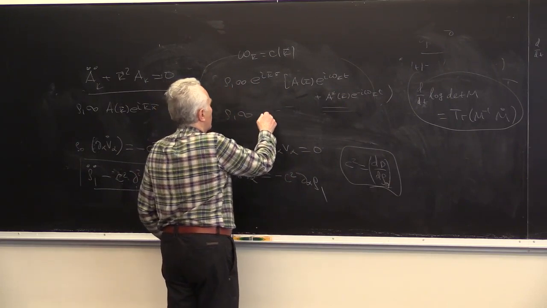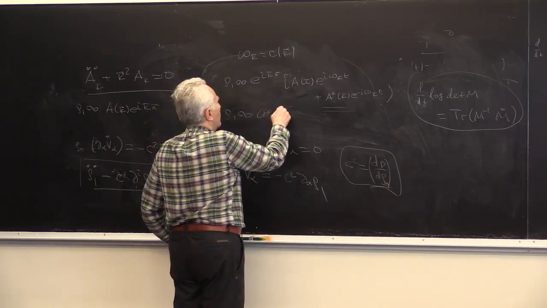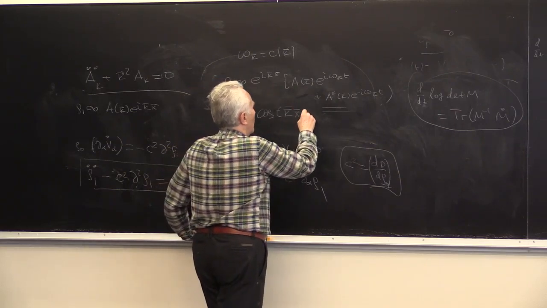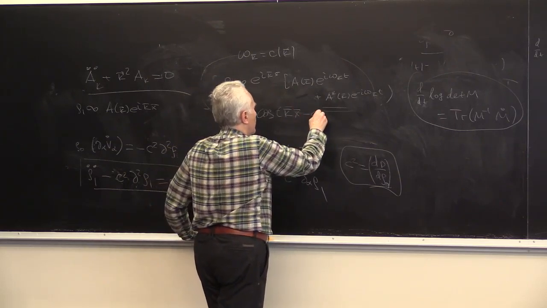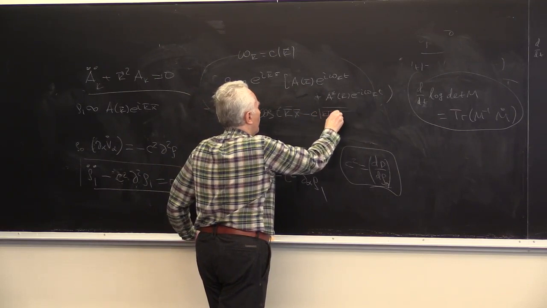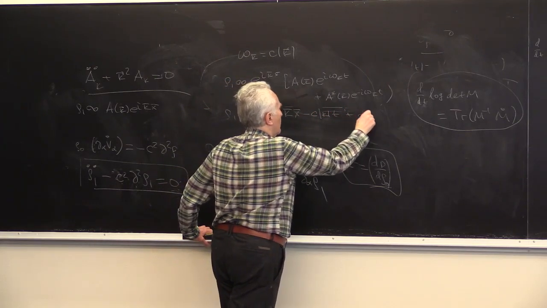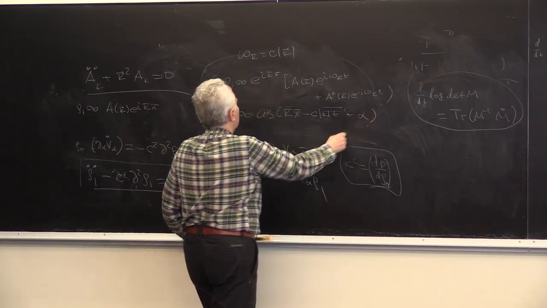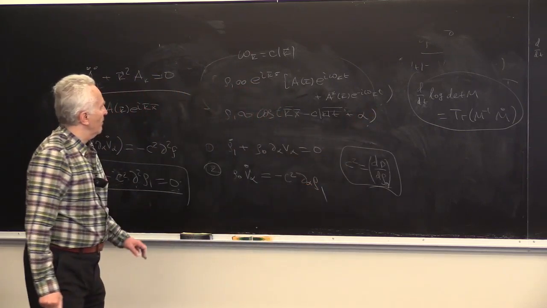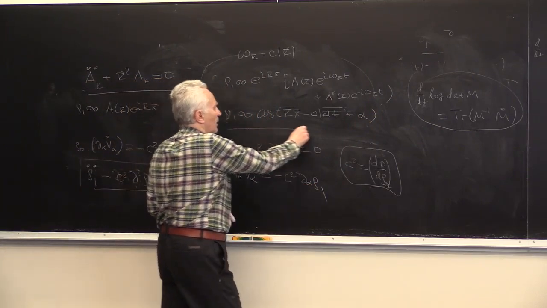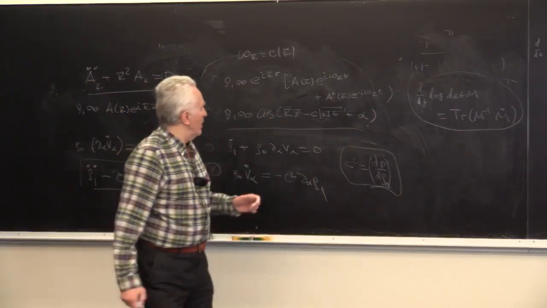You can also write it as a cosine of kx minus omega t, plus an arbitrary constant. What? It's a standing wave.